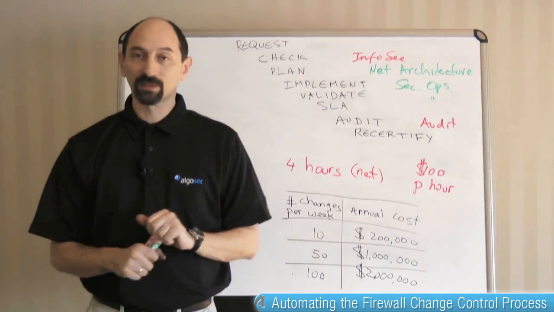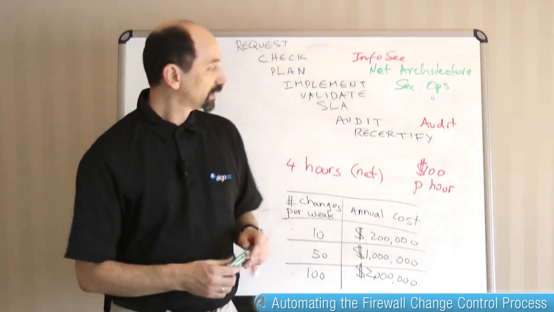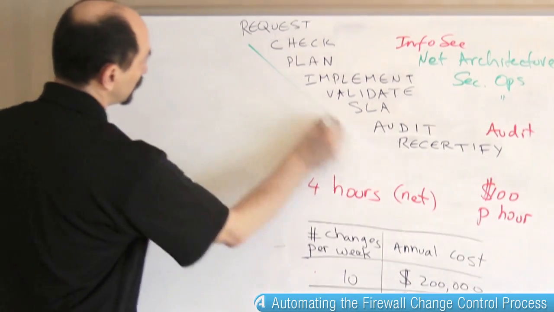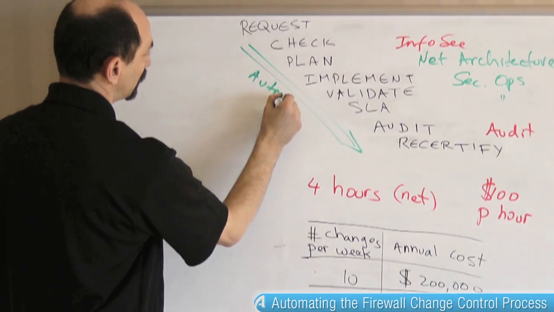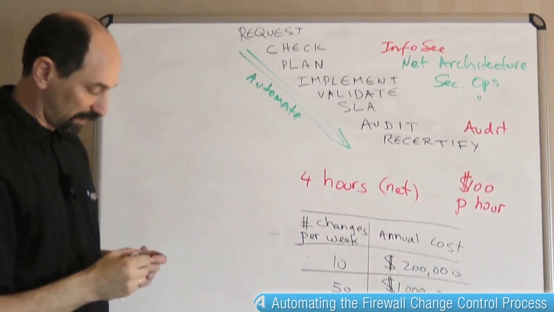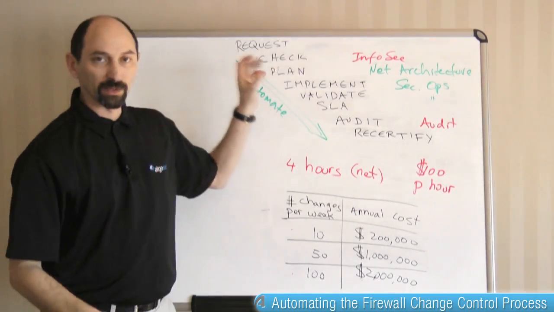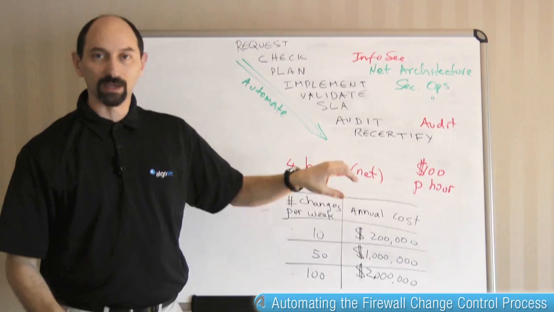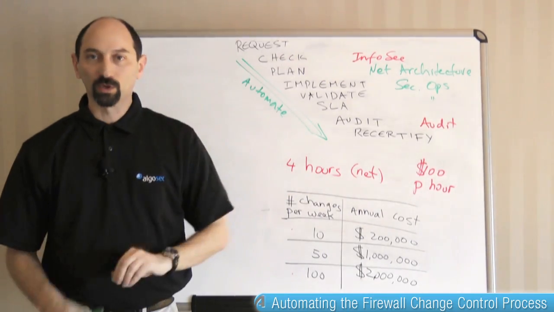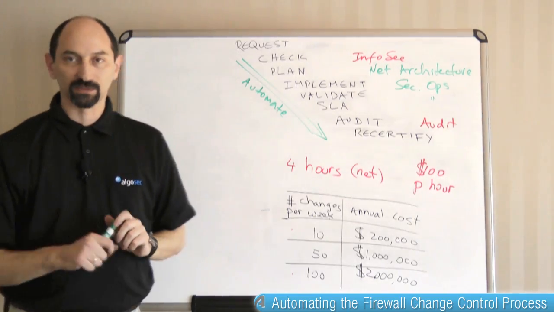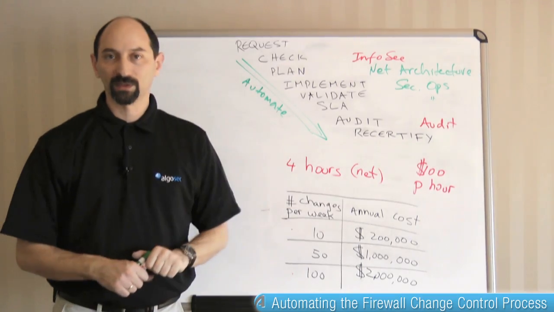Now, if you want to do something about it, there are two general approaches that can be used. The first is just automating the process. If you use a good change management system that makes sure that the information goes from team to team, from step to step, never gets lost along the way, and flows according to the right process and reaches the right people, you're going to be saving time just through the flow automation.